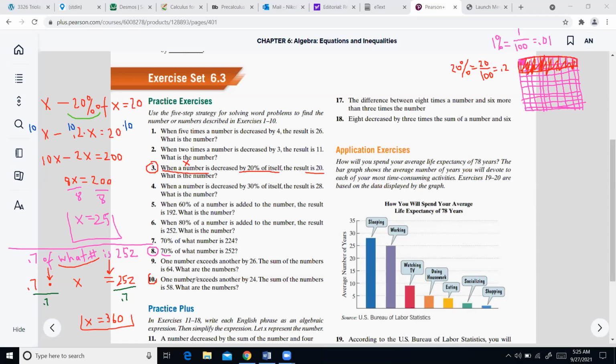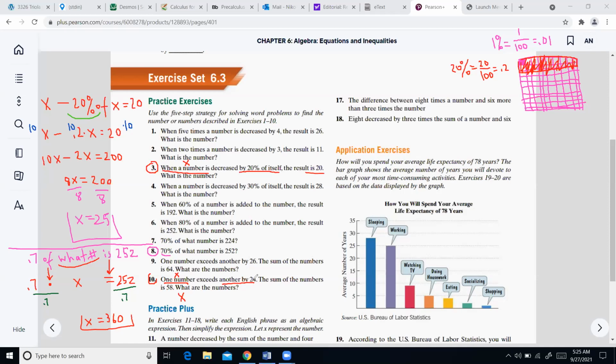So it looks like they're talking about two numbers here. They say one number exceeds another by 24. It looks like I already know how to call one number, it's going to be x, right? So one number will be x, and the other number is exceeded by 24.